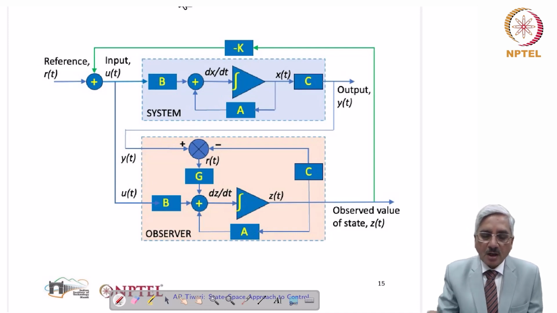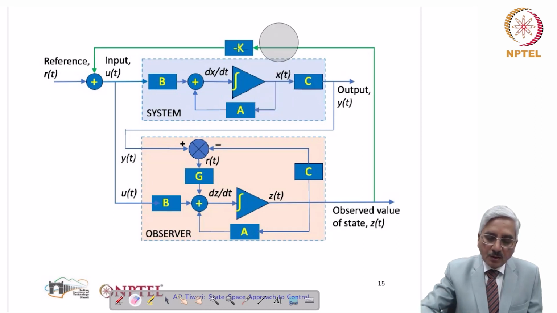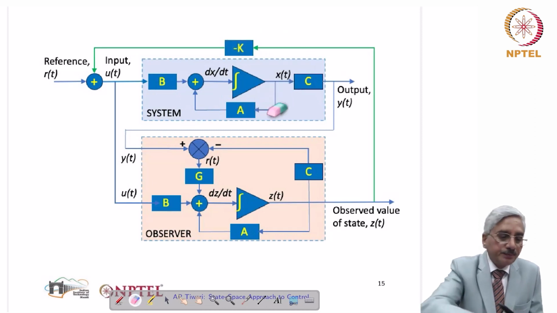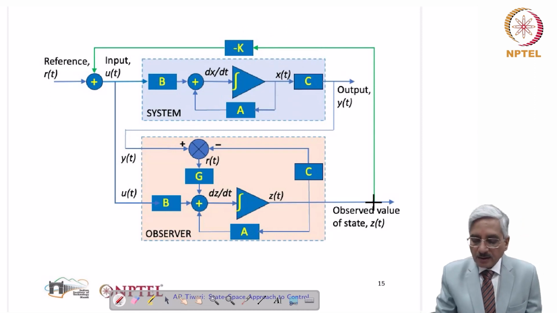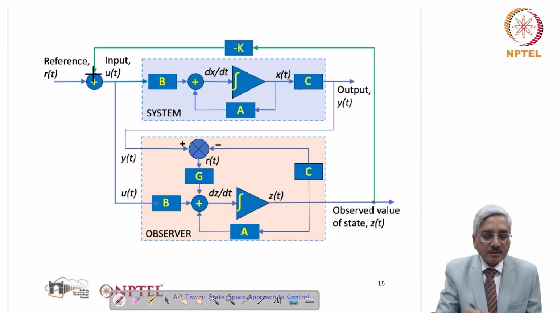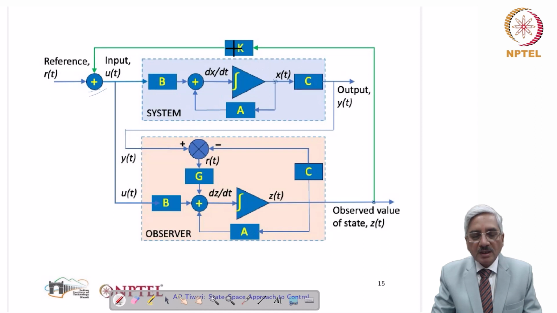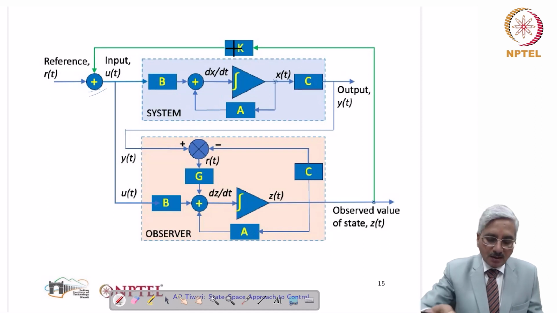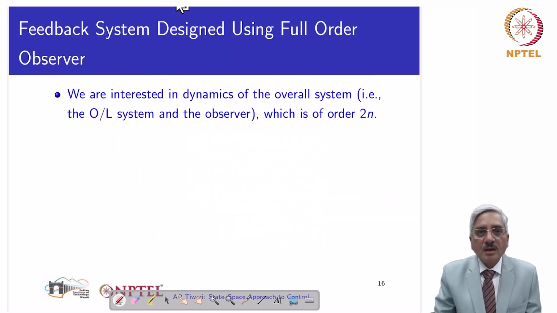So you saw that we ought to pick up this one through this K. However, what we are doing, we have actually picked up this observer state z and we have brought it at the terminals where this was supposed to have gone through the gain K. So we are going to do this, and what will happen, we have to see. So how the overall dynamics is, that we are going to see.